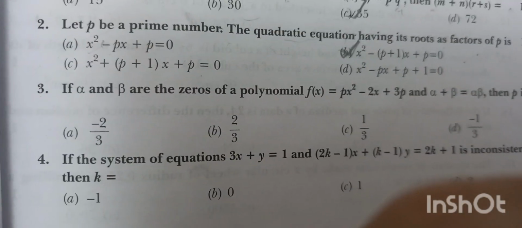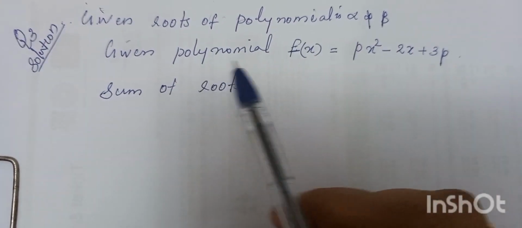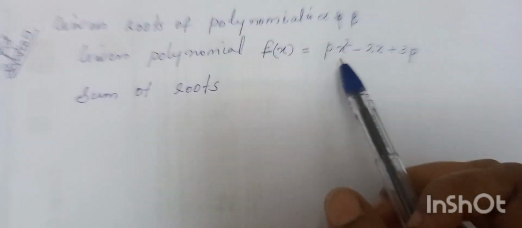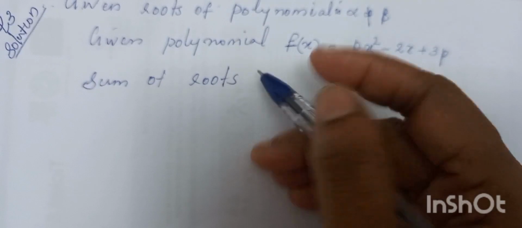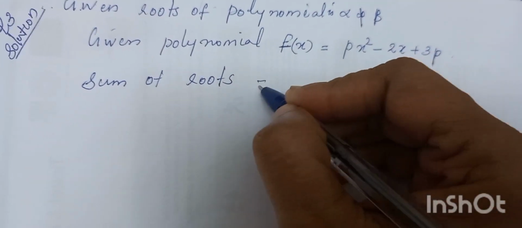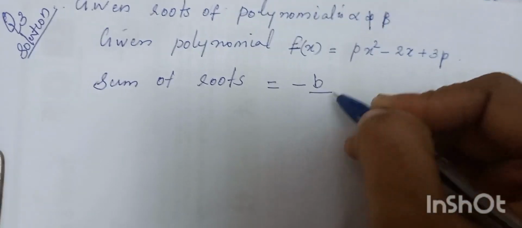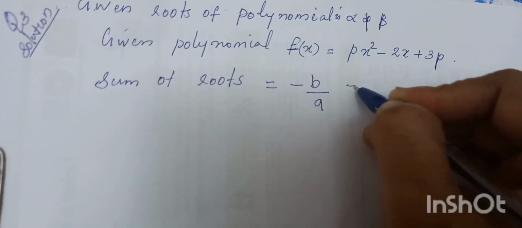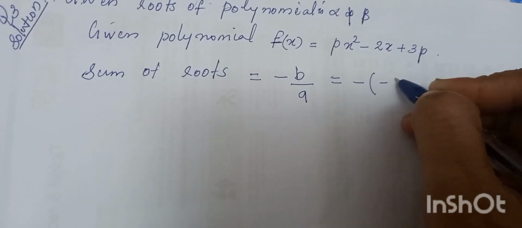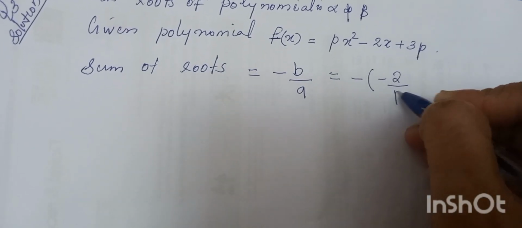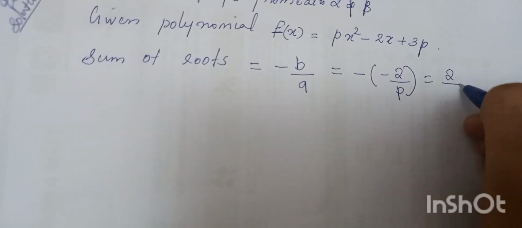Okay, let's do the problem. Given roots of the polynomial are alpha and beta. Given polynomial f of x is equal to p x square minus 2x plus 3p. So sum of roots is equal to minus b by a, which is equal to minus of minus 2 by p, which is equal to 2 by p.